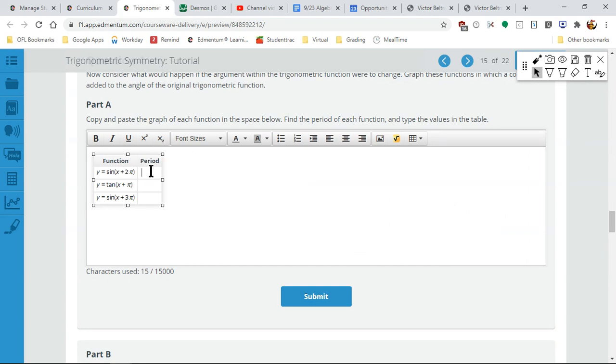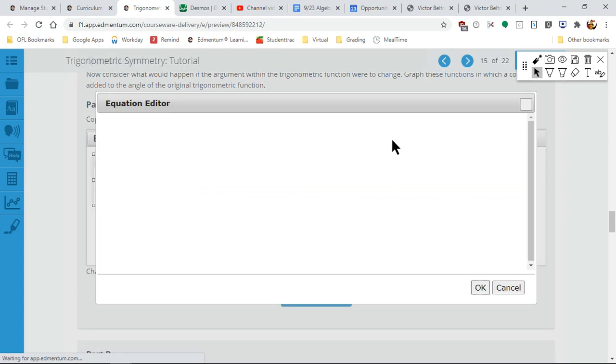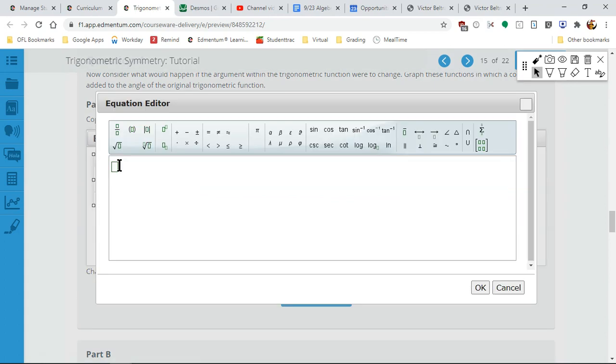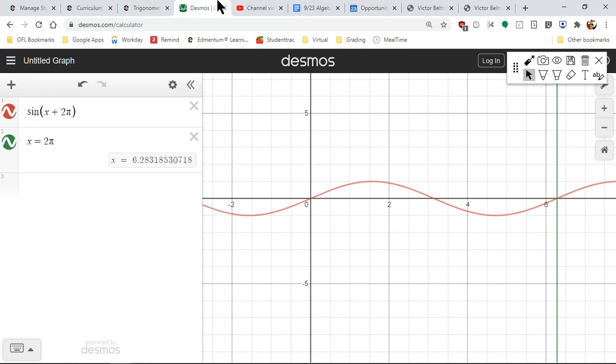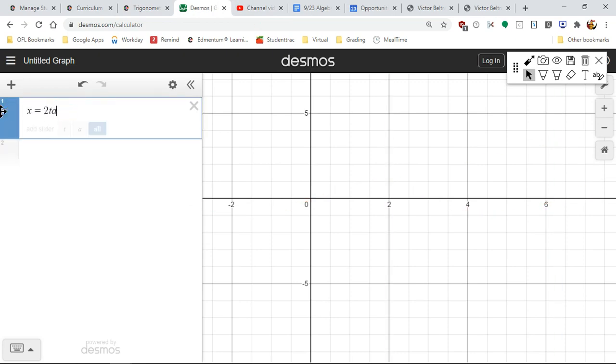So what's the period? Well, the period is also still 2 pi. Period is still 2 pi. Nothing happened. Well, what happens if we move tangent over just pi? Remember, the period of tangent was pi.